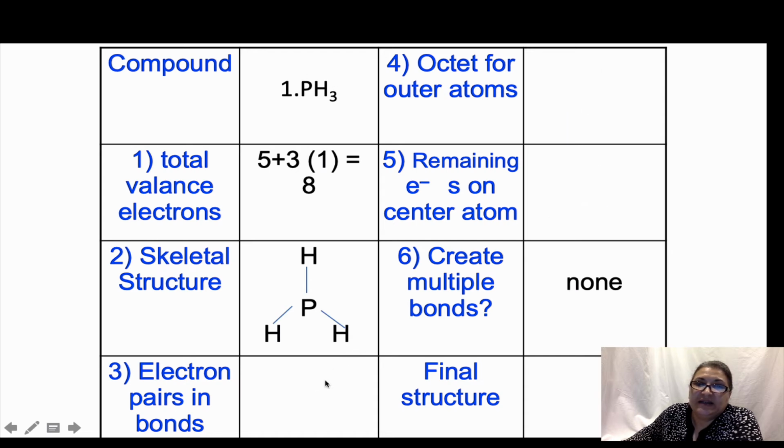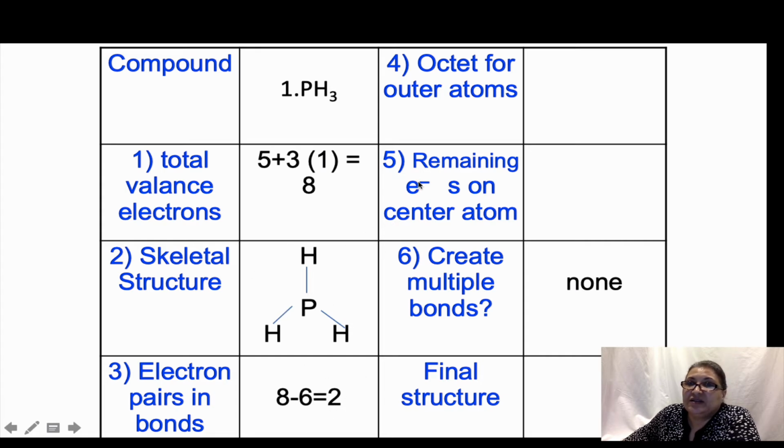The next one is electron pairs in bonds. So you're going to subtract how many electrons you used connecting them. So you have 8, and each one of these lines is 2. So 2, 4, 6, so we subtract 6 electrons, we have 2 left.